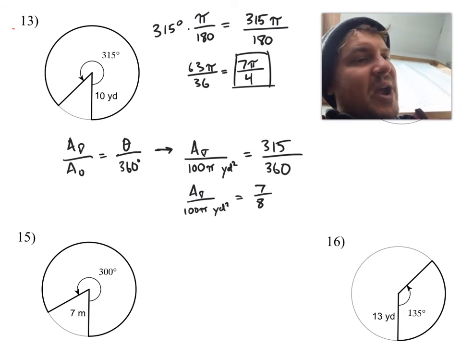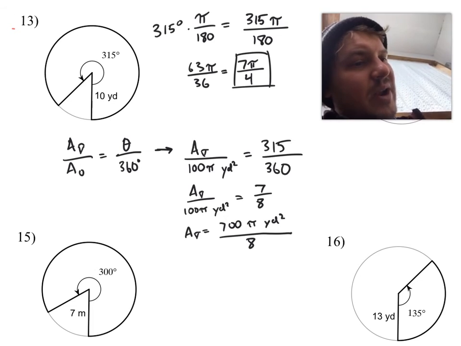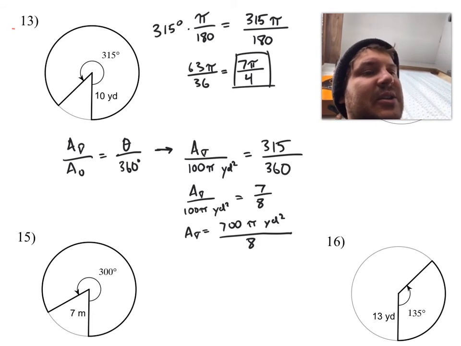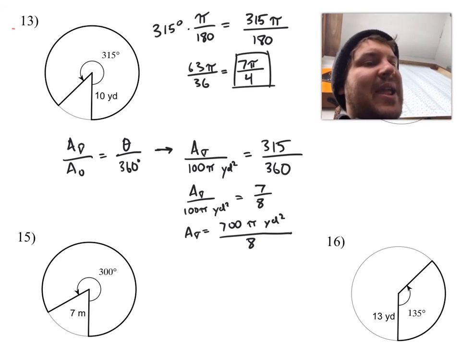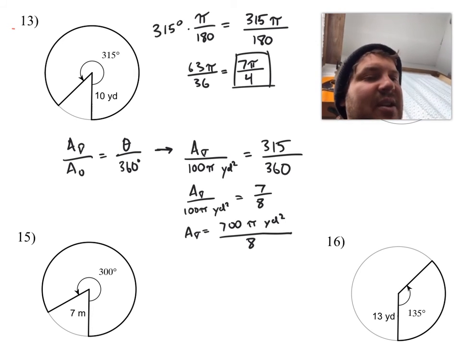And then when I times by 100 pi on both sides, I find out that the area of the sector equals 700 pi square yards over 8, which I can then divide by 8. So 700 divided by 8 is what? Well, 100 divided by 8 would be 12 and a half. 12 and a half times 7.